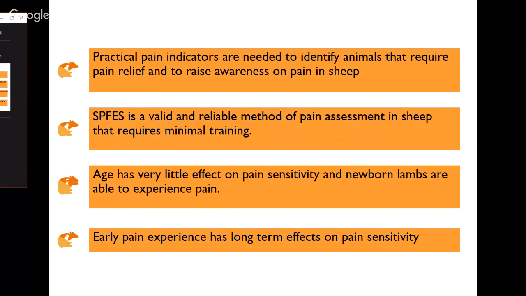Facial expressions are a valid and reliable method of pain assessment in sheep that requires minimal training. Age has very little effect, if any at all, on pain sensitivity, and newborn lambs are able to experience pain. It seems that early pain experience has long-term effects on pain sensitivity.